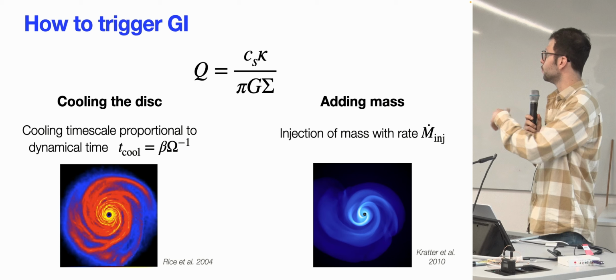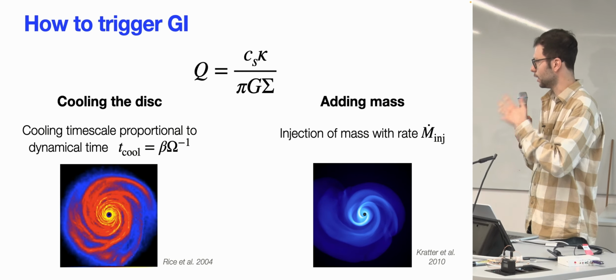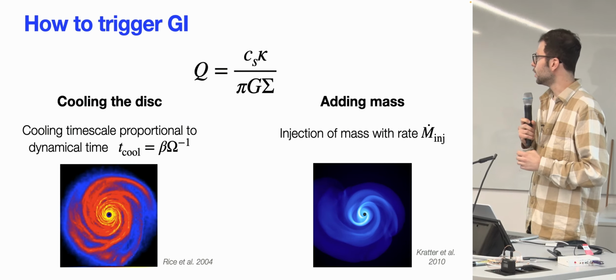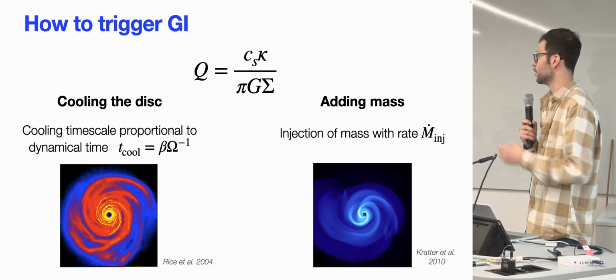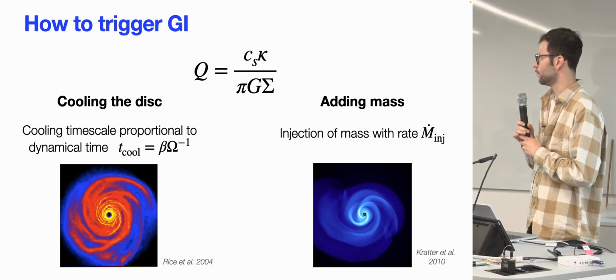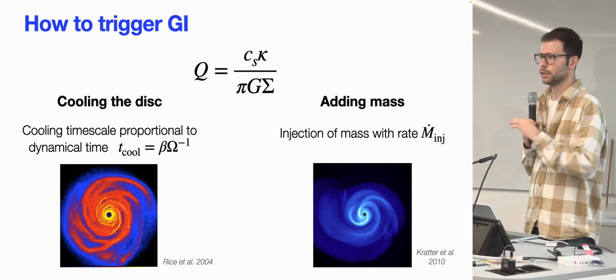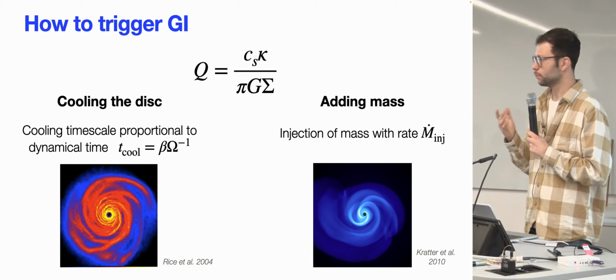So we cool gas particles in the disk with a given cooling prescription. In this case, we prescribe the cooling time to be proportional to the dynamical time with a constant of proportionality beta. This is, of course, not realistic, but it's just giving us an idea of how it works.